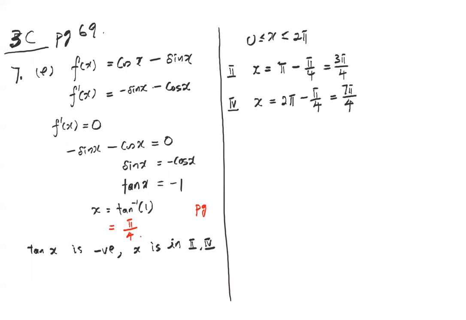Correct? So now I draw the sign diagram from 0 to 2 pi. Mark down 3 pi by 4 and 7 pi by 4. Then I determine the sign. Correct?